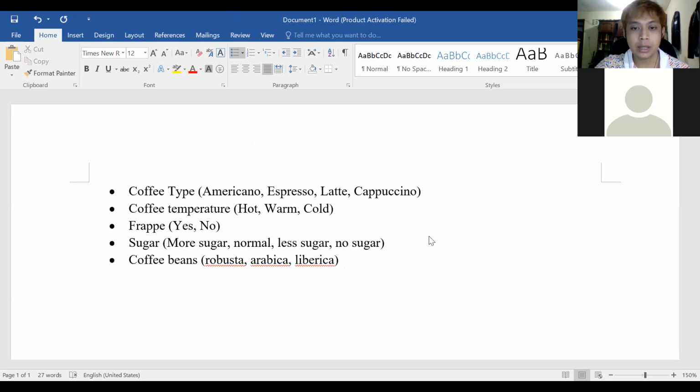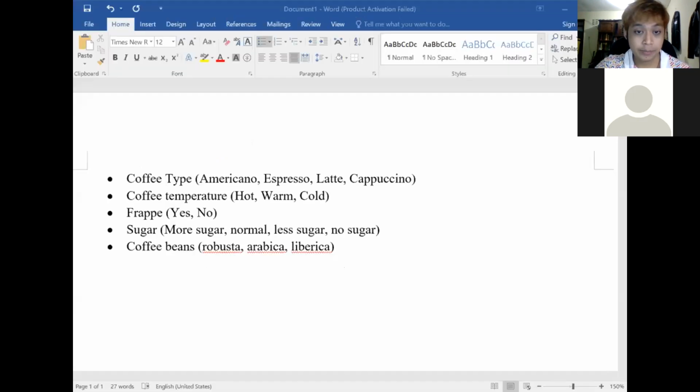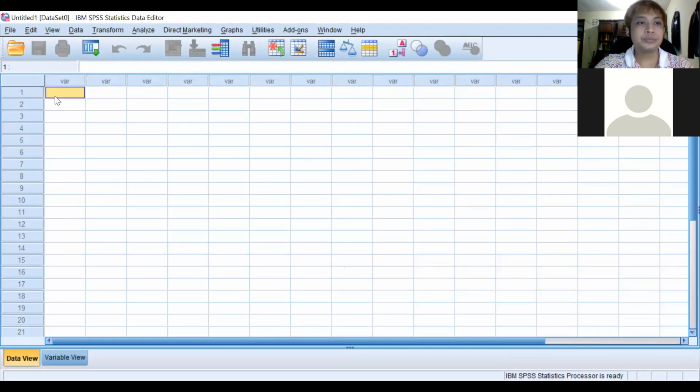Then I'll open another computer screen. Okay, so now you can see from here. If you would like to create an orthogonal design, it will be like this.